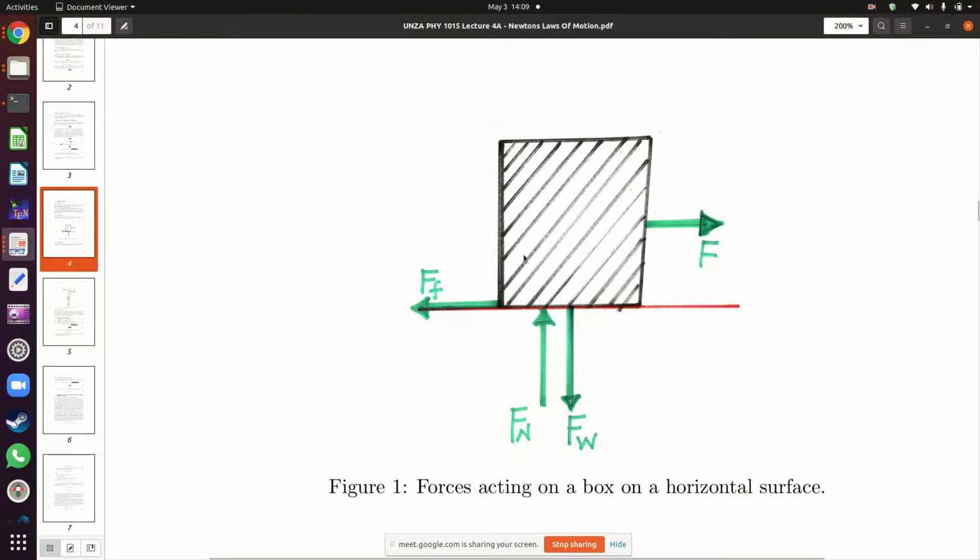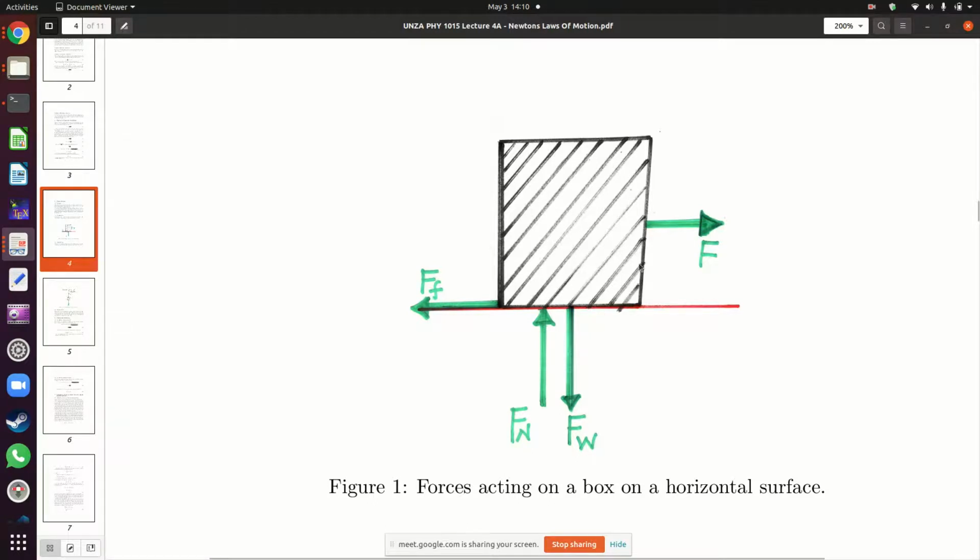So even in a simple case like this, where we just have a box lying on a flat surface, there are a number of forces which can act on this particular box. For example, the pull force, then there's a friction force opposing the motion of the box, there is the weight of the box, because this box has got mass and therefore is being pulled downwards by the earth, and there is the reaction force, the normal force, which the surface exerts on the box.